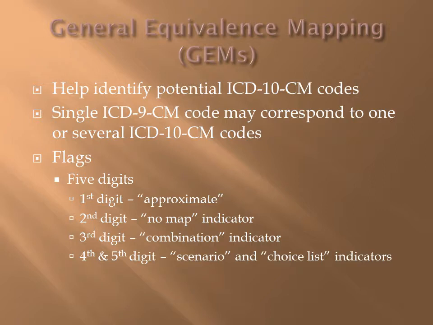The third digit is a combination indicator. If the third digit is a 0, it means it's not necessary to use the combination code to indicate the equivalent diagnosis. If the third digit is a 1, a combination code is necessary.